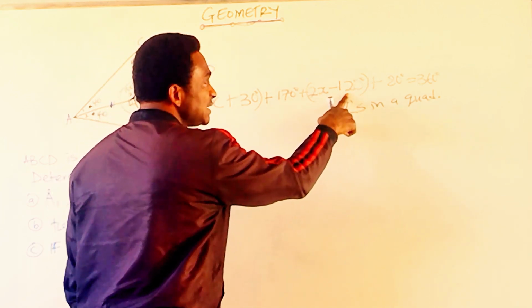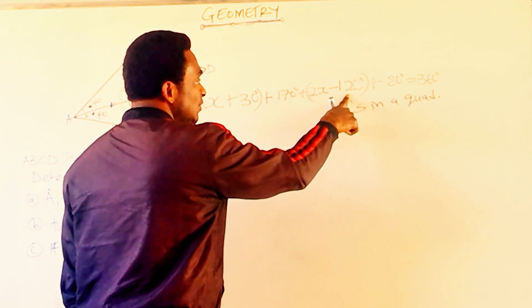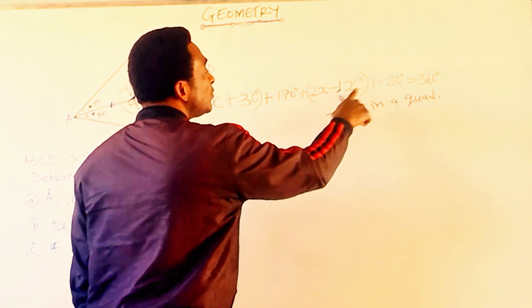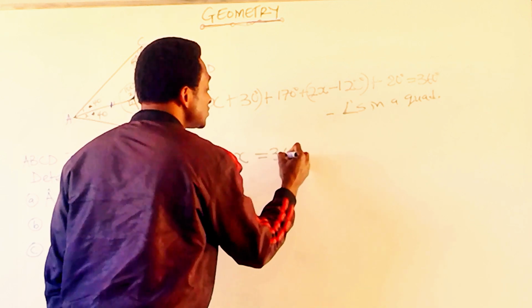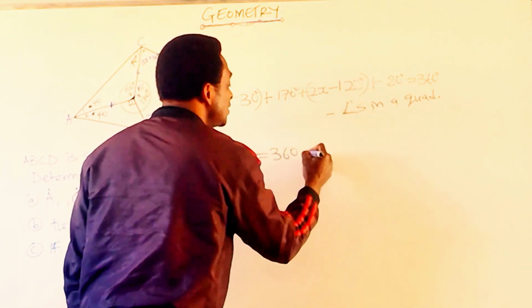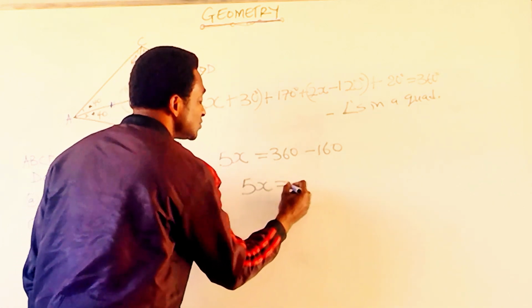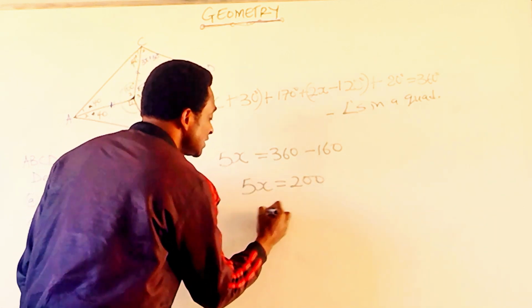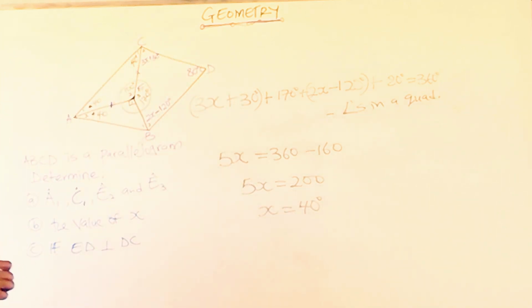Minus 120, 200 minus 120 is 80. Plus 80, that is 160. So we will collect items, so we have 360, 160 going over as minus 160. So we have 5x equals 200. That means the value of x is actually 40 degrees. The value of x is 40 degrees.